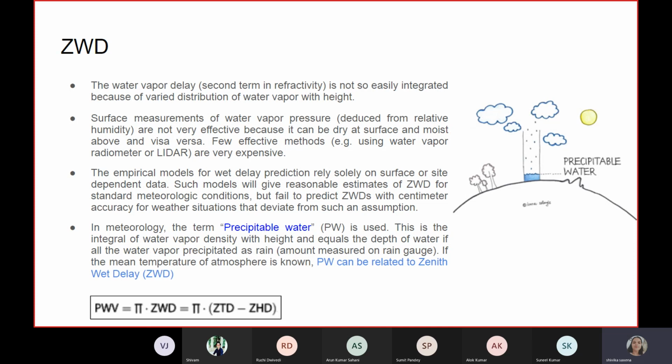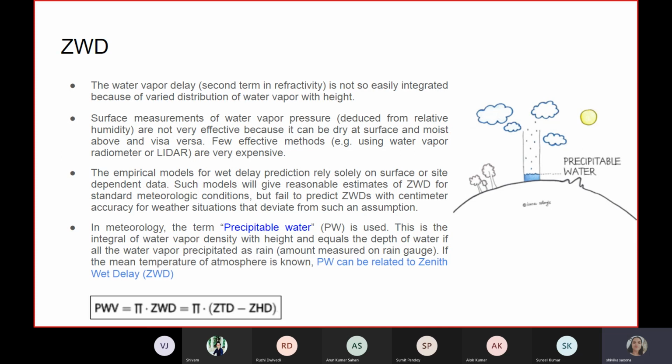As we have seen in the last lecture, in the Saastamoinen model, what were the two inputs used to calculate ZWD? One was temperature, another was water vapor pressure. These two things have to be measured at the site. These meteorological values should be available to us from surface measurements.